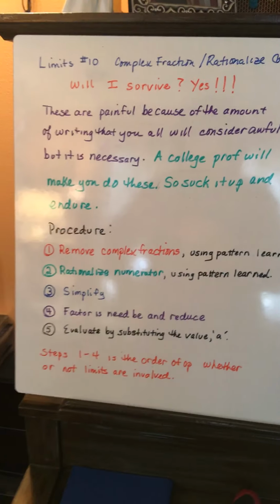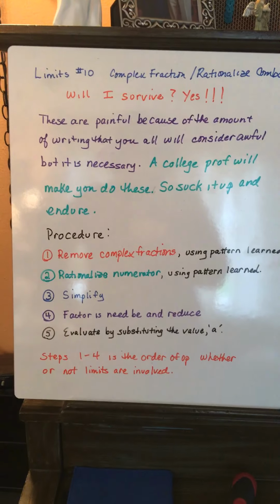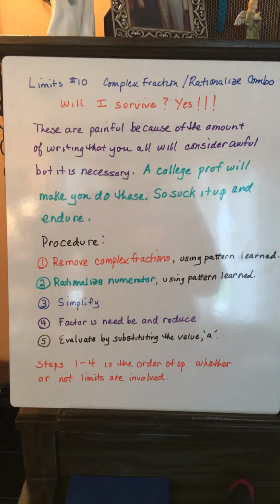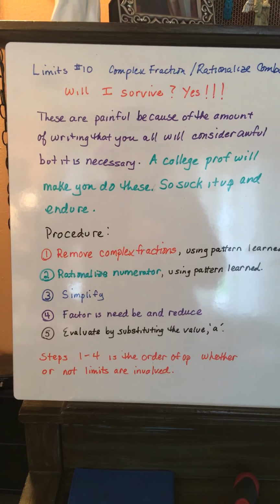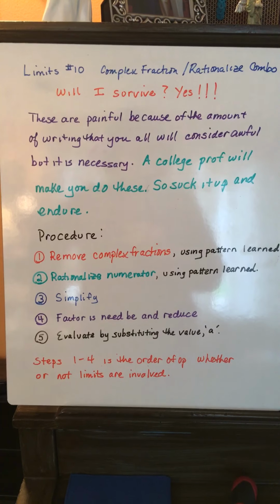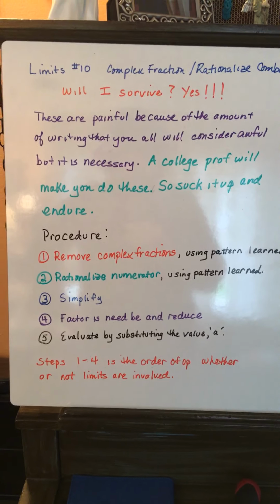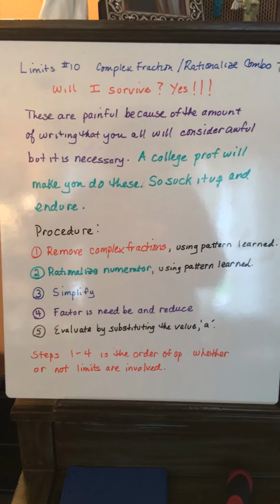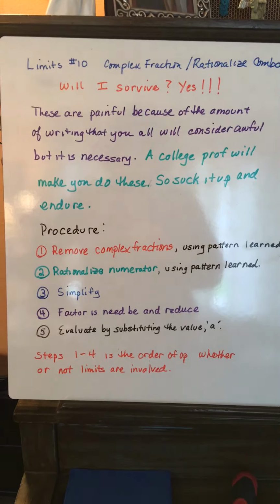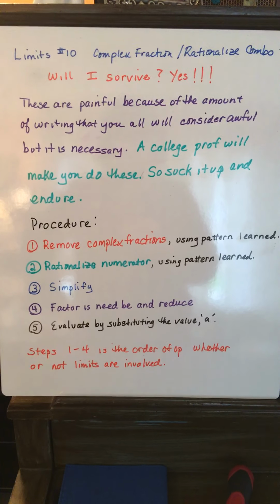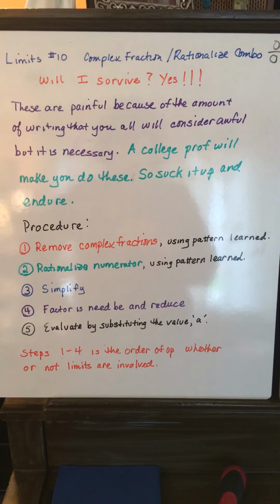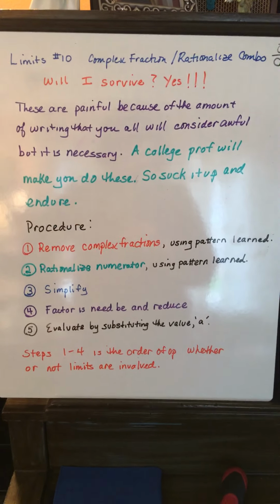endure. So, the procedure. You're going to remove complex fractions using the pattern that you learned in video 8. You're going to rationalize the denominator second using the pattern you learned in video 7. You will then simplify, and if necessary, which it won't be in any of these, factor, but then you always have to reduce the troublesome part out that gives you 0 over 0, and in this case, it's always x.